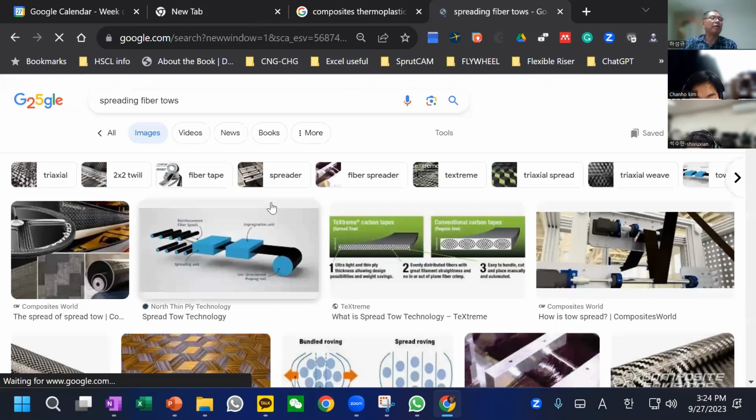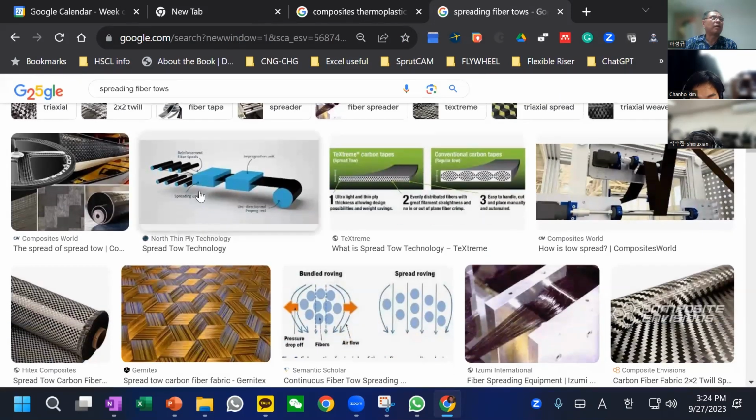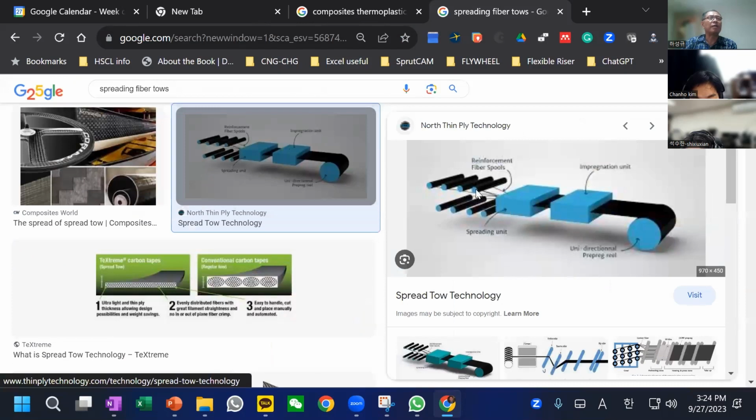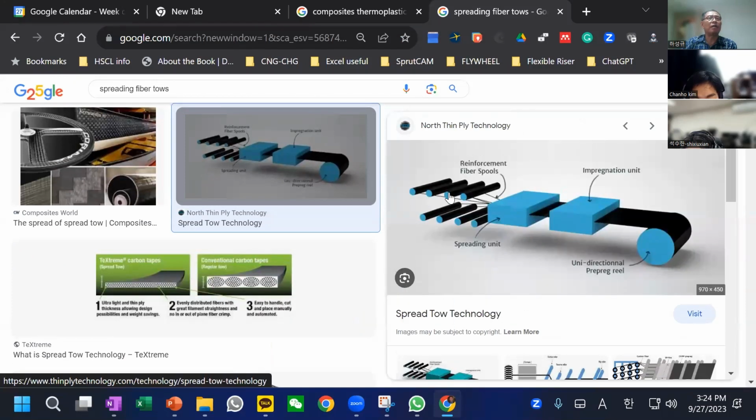Spreading is a very important concept. For example, let's say each one is the fiber bobbin, which I just mentioned. Then this is going to be a spreading unit, and then this is going to be a spread, and then you can make a unidirectional pre-preg reel.